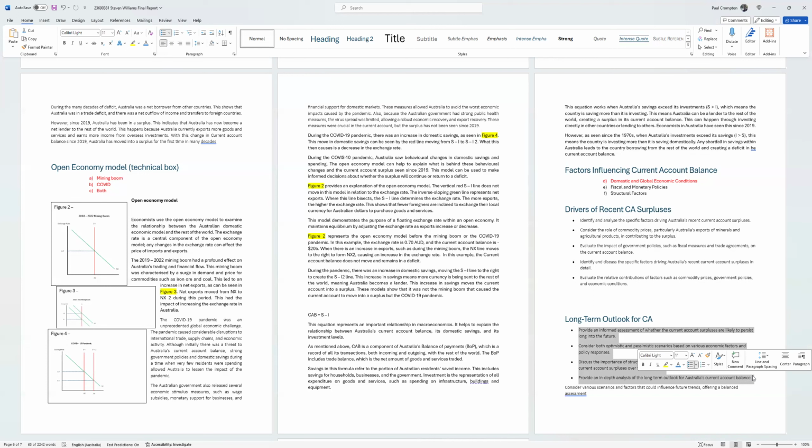So the baseline assumption is S and I will return to pre-COVID levels and the current account balance will return to sort of 3 to 5% of GDP in terms of deficits. And then you can say something like, however, it is possible that Australia's savings rate may have been permanently changed, so increased by the COVID pandemic.